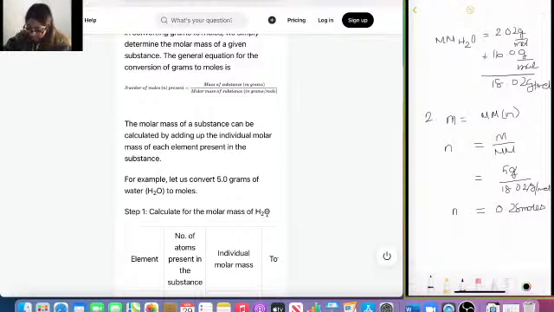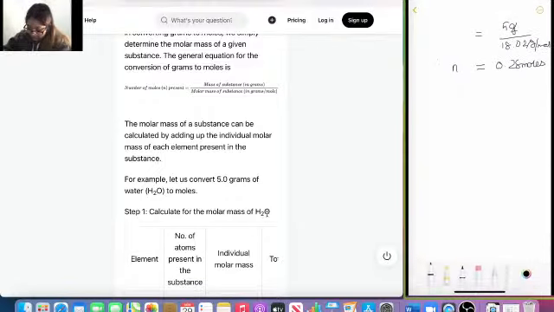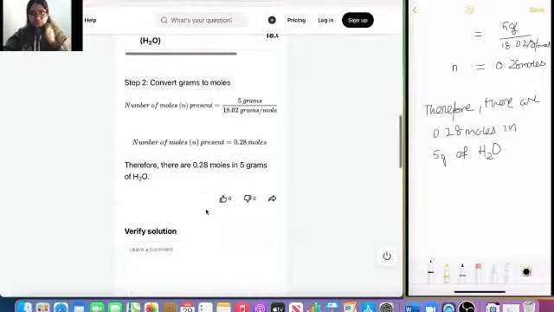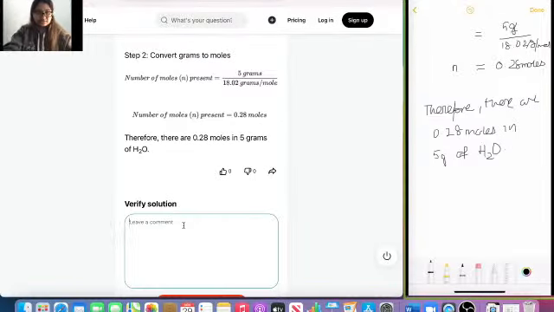Therefore, we can say there are 0.28 moles in 5 grams of water. So this is basically how you go from grams to moles. Yes, this is correct.